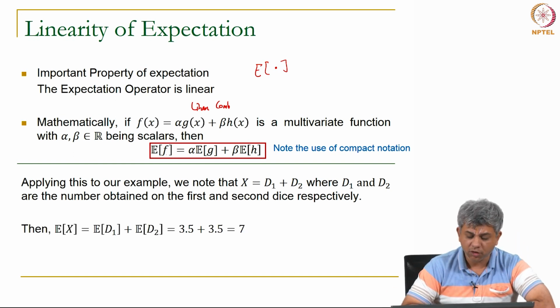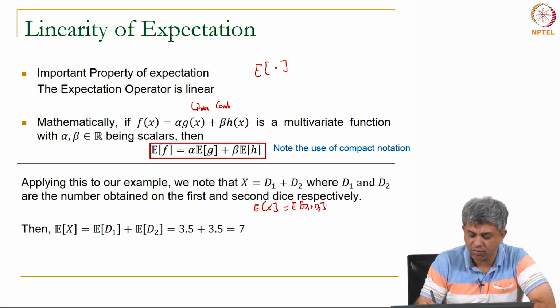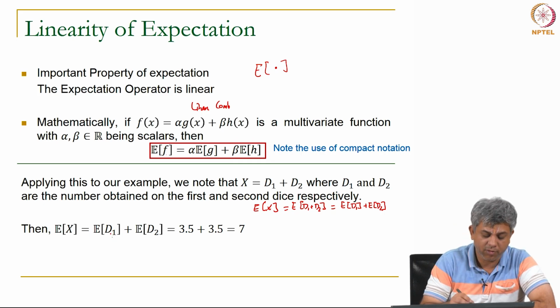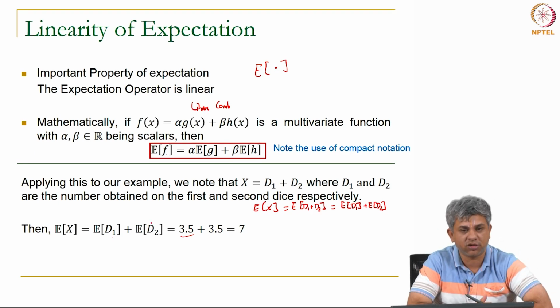Through linearity we can write the expectation of x as the expectation of d1 plus d2, which by linearity is equal to the expectation of d1 plus the expectation of d2, and we know this already because the expected value from one dice is 3.5, and the expected value from the other dice is also 3.5.